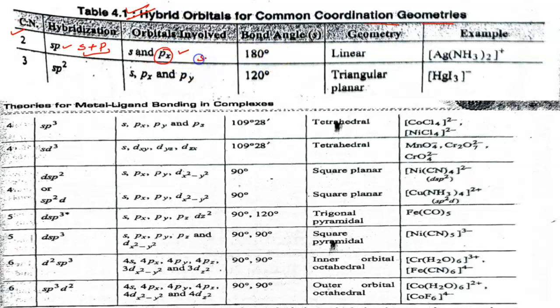The bond angle is 180 degrees and the geometry is linear, and here they have given an example. Similarly, for coordination number 3, we have sp2 hybridization. Orbitals involved are s, px and py, and the bond angle is 120 degrees. The geometry would be trigonal planar, and here comes the example.